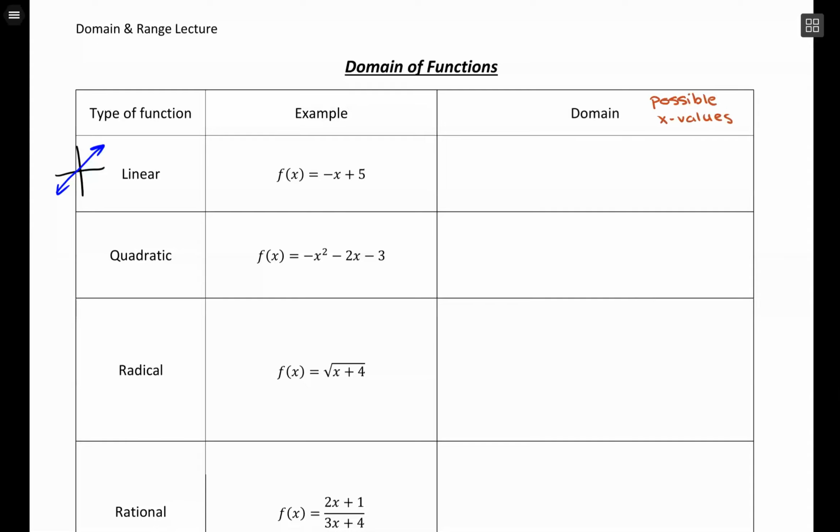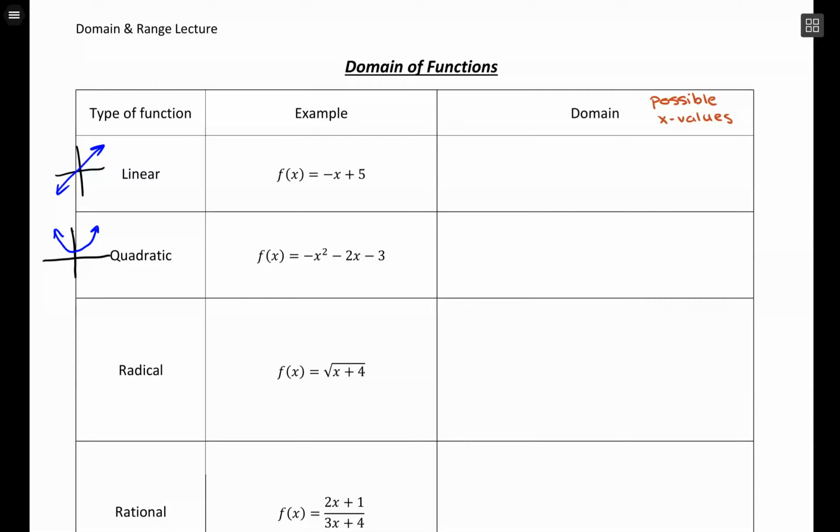And when it comes to linear functions, and in fact we can talk about quadratic right now too, because they work in a similar way, quadratic being a parabola, we can plug in absolutely anything for x. We can choose any number on the number line and plug it in and solve for it. Any real number, it'll work.